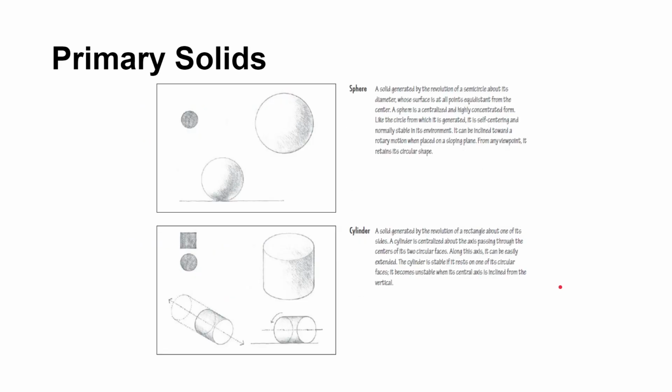Okay, primary solids. The sphere is a solid generated by the revolution of a semicircle about its diameter, whose surface is at all points equidistant from the center. A sphere is a centralized and highly concentrated form. Maybe later on, when you're doing your visual communications class in sketching, when light is cast onto a sphere, you don't have a solid shape.